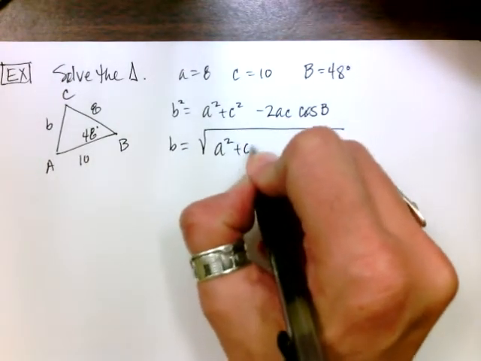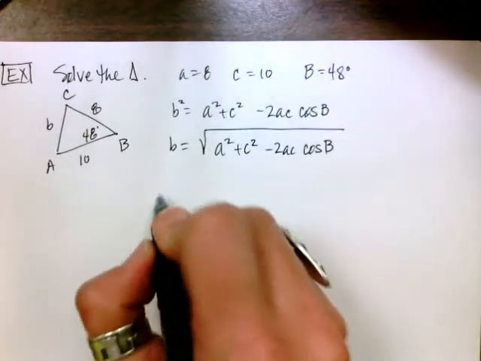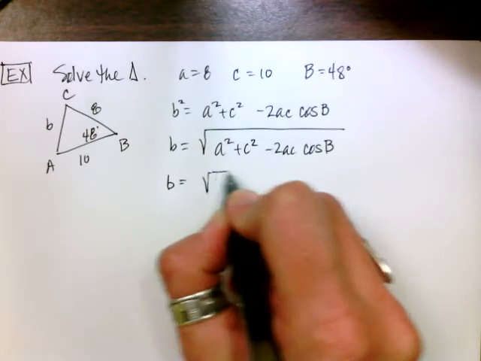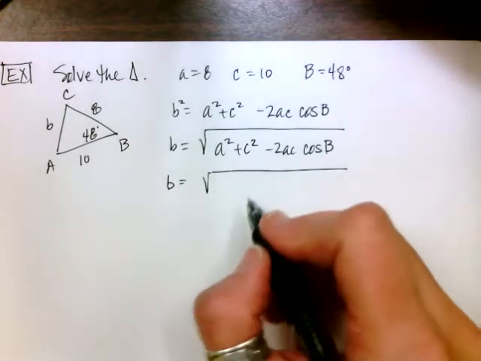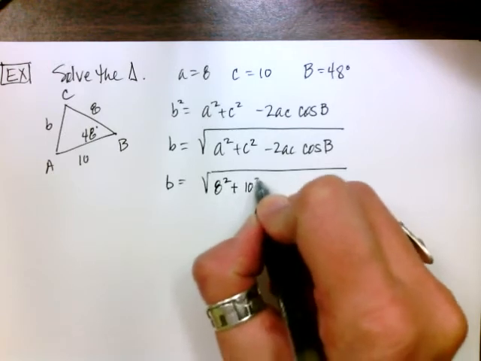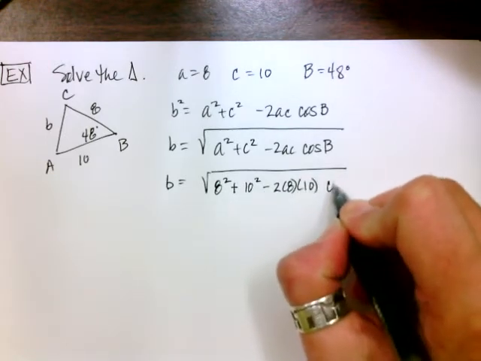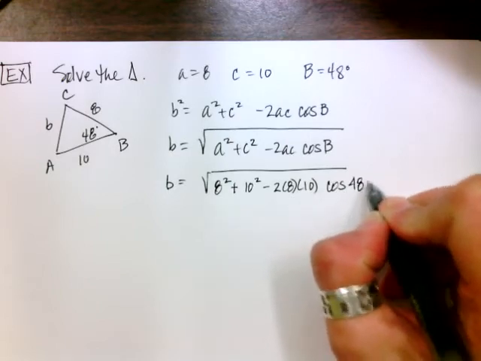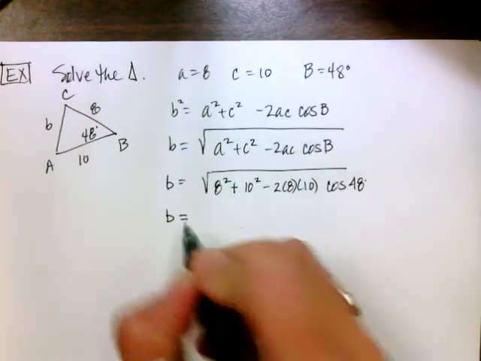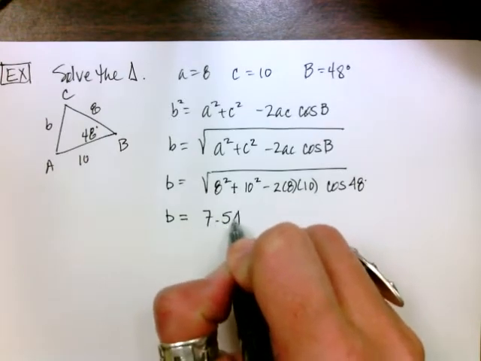Now I'm going to substitute in my numbers. So b is the square root of 8 squared plus 10 squared minus 2 times 8 times 10 times the cosine of 48 degrees. And when I do that math in my calculator, I get that B is 7.546.